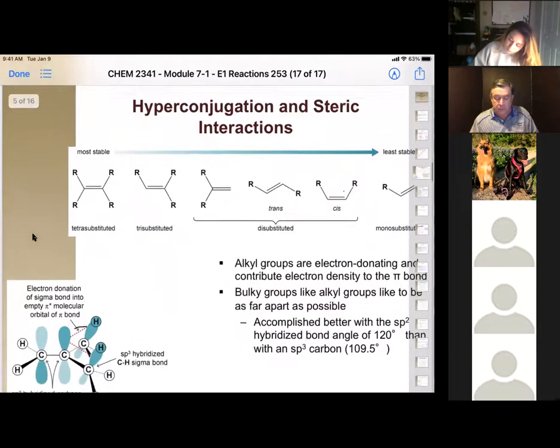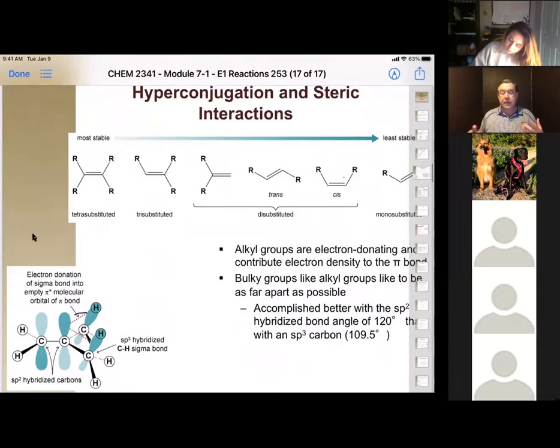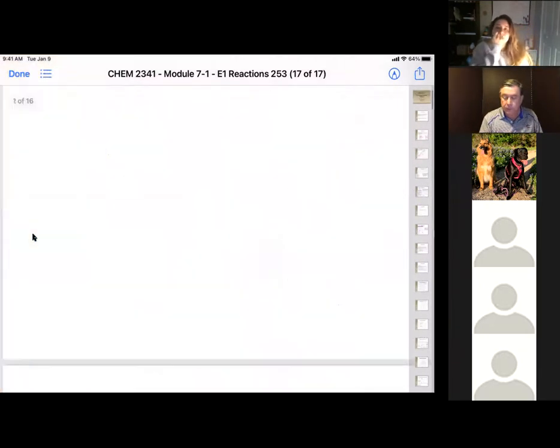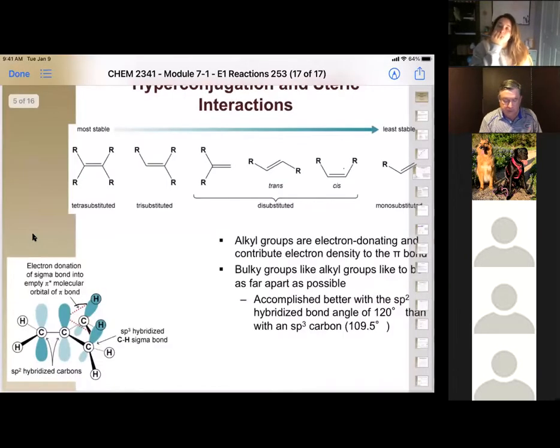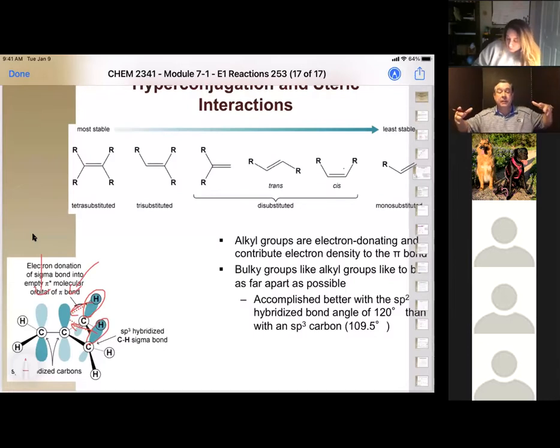Okay, so the whole reason it helps is because of hyperconjugation. Remember that the double bond is two p orbitals right here. And we have the sp3 hybridized orbital bonding to the hydrogen, sp3 that can bond through space through hyperconjugation to help stabilize it.